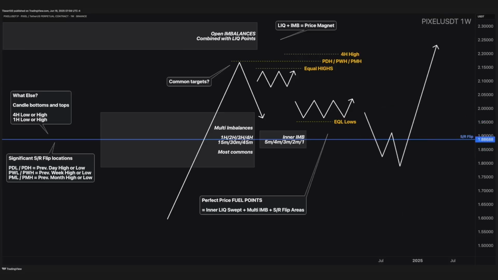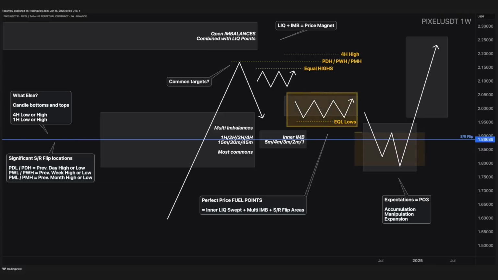So basically, what is the point of what we do here? In our entry area, we are actually looking for a small PO3, the power of 3: accumulation, manipulation, and the expansion. I hope that you get the main idea here.